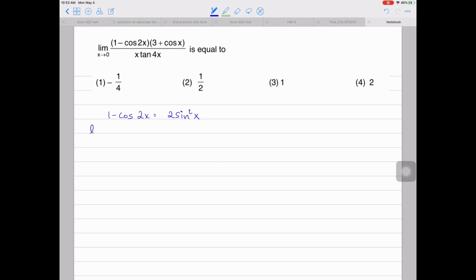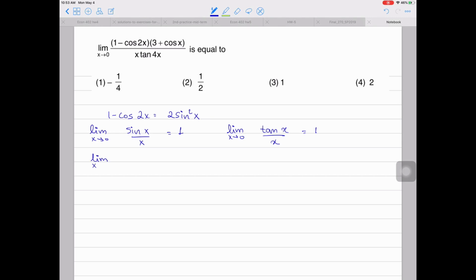And we know that limit x approaching 0, sin x over x is 1. We also know that limit x approaching 0, tan x over x is also 1. So we need to use these two pieces of information to solve our limit.